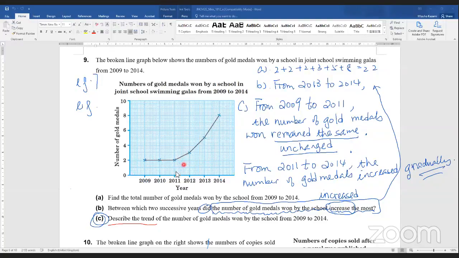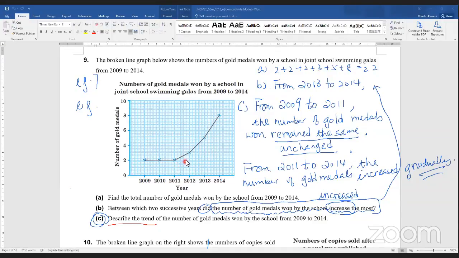Starting from 2011, the number of medals started to increase, but it increased, we can use steadily or gradually, it means not very quick.